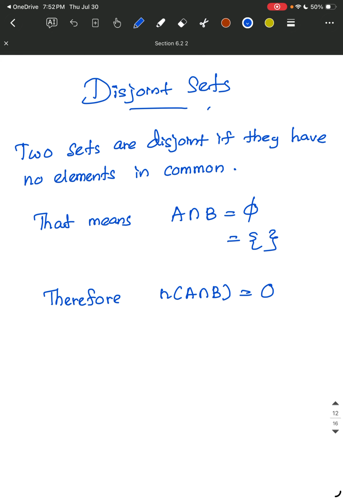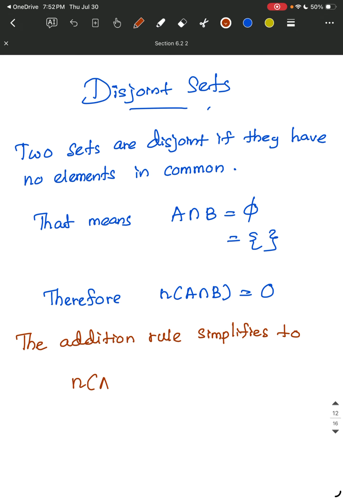Then the addition rule simplifies to the number of entries in A union B equals the number of entries in A plus the number of entries in B, because the number of entries in A intersection B equals 0.